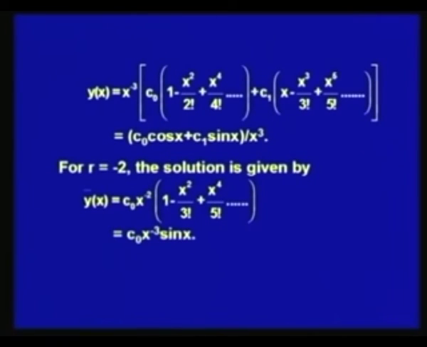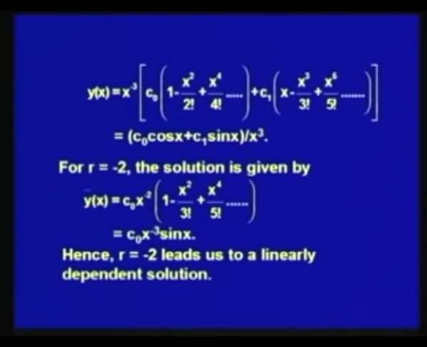Now when we calculate the solution for r equal to minus 2, it turns out that y(x) is equal to C0 into x to the power minus 2 into (1 minus x square by 3 factorial plus x to the power 4 over 5 factorial and so on), which is also equal to C0 into x to the power minus 3 into sin x.